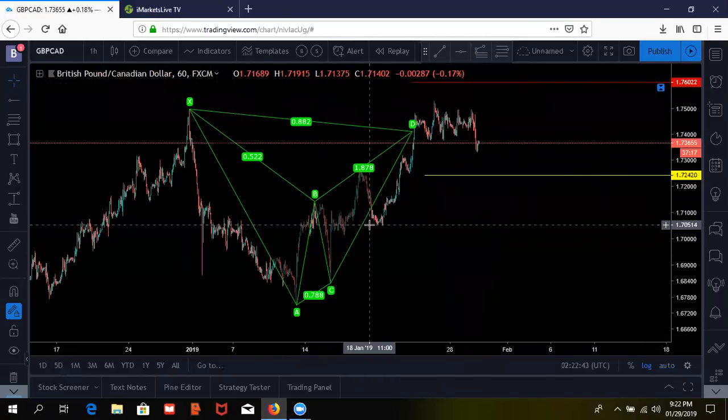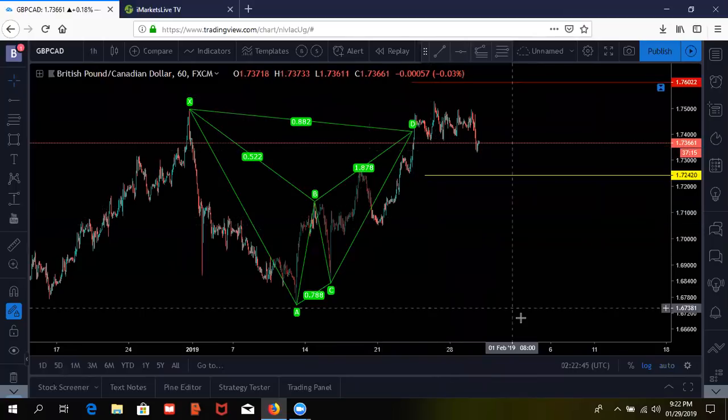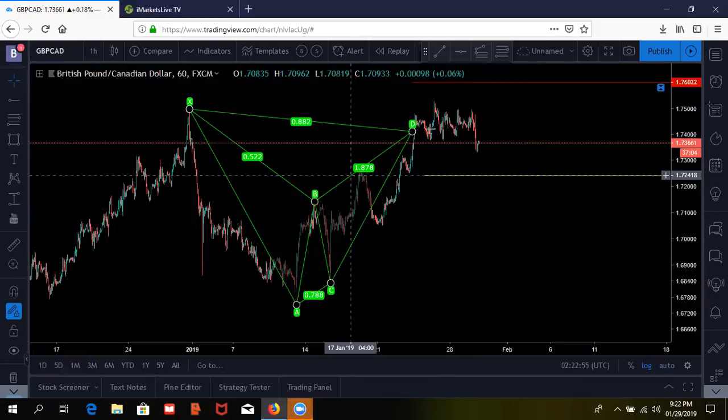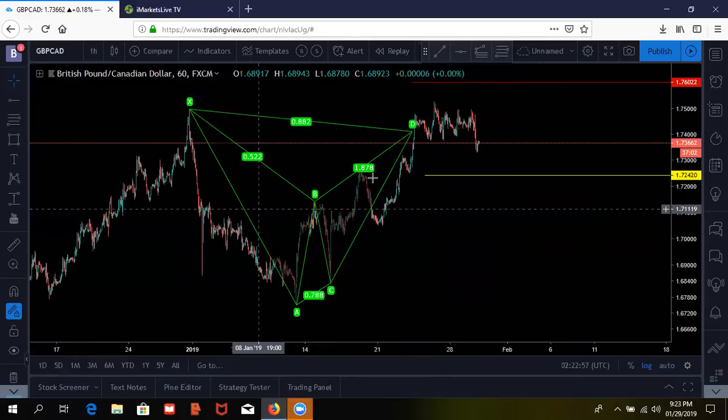So on GbpCad, my stop profit was hit. Yeah, that's another thing about stop profits and so forth.